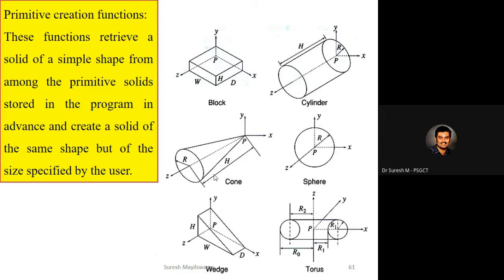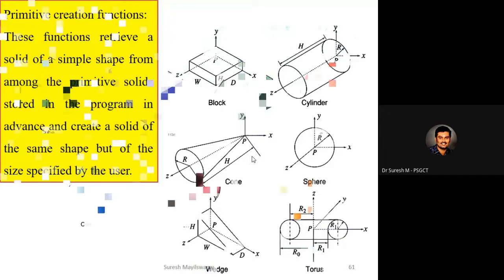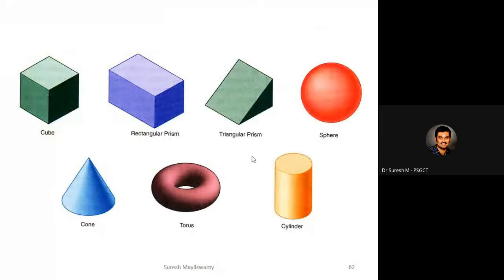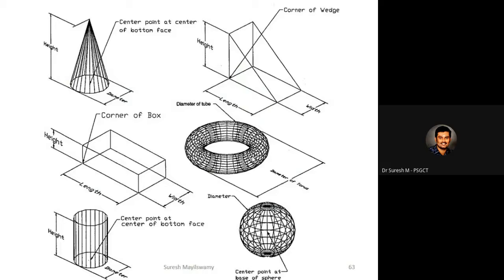In the same way, here the radius of the cone and the altitude height will be given by the user, and the shape will be fixed by the functions. These are some examples of primitive solids: cube, rectangular prism, triangular prism, sphere, cone, torus, and cylinders. This is how the primitive solids are generated.